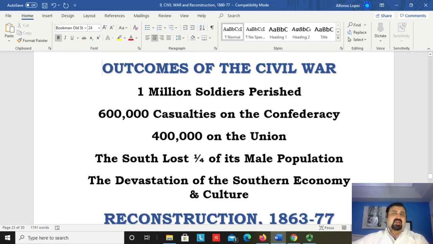The economy was totally shattered as a result of the war because of the inability of the South to export cotton, and because many cotton plantations, barns and warehouses were destroyed as well. Whatever little resources they had, they were scrambling to feed the troops or to feed themselves. The Southern economy lay in ruins, and the culture as well. The way of life, the way people lived for centuries in the South, came to an end altogether.